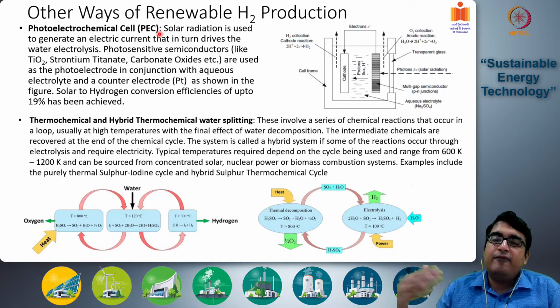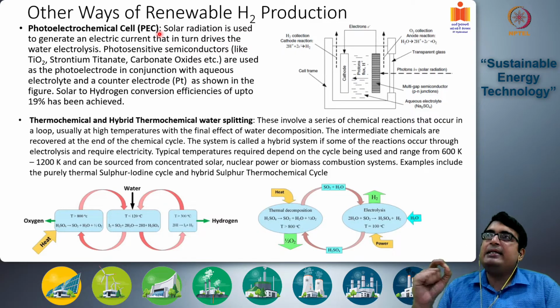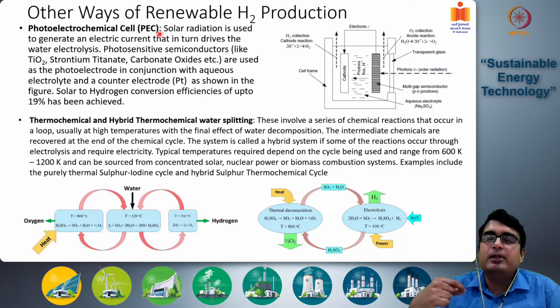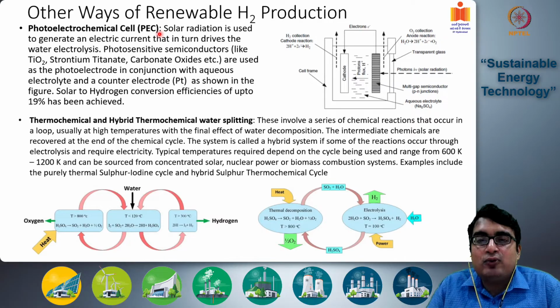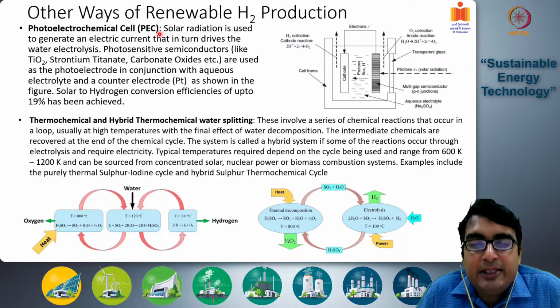It's a different variant of the electrolysis method, but here instead of electricity being directly fed into the electrolytic system, electricity is generated on site, in situ as we say, through a suitable photosensitive semiconductor material.